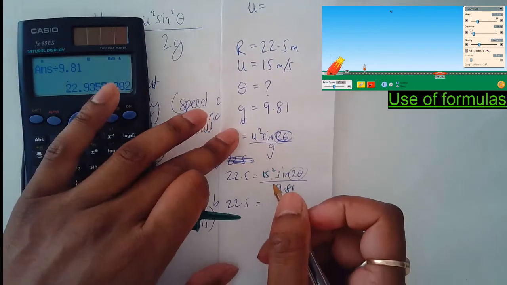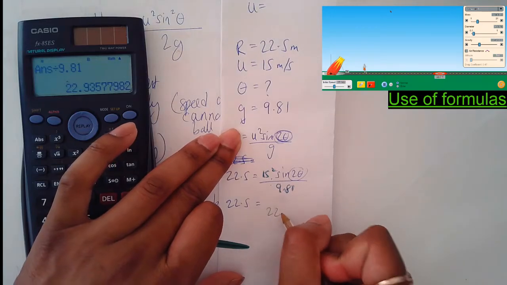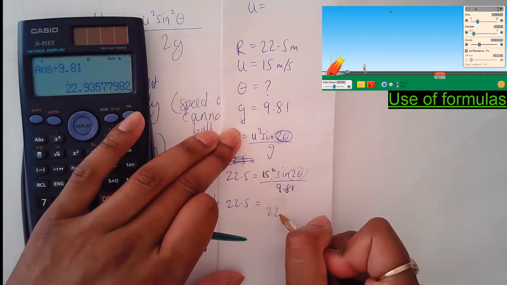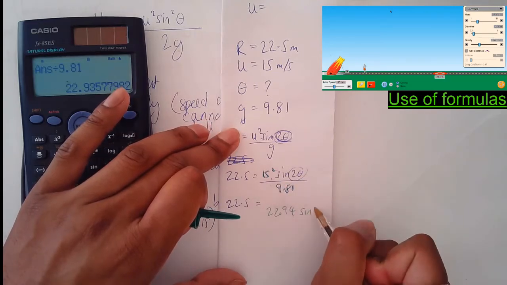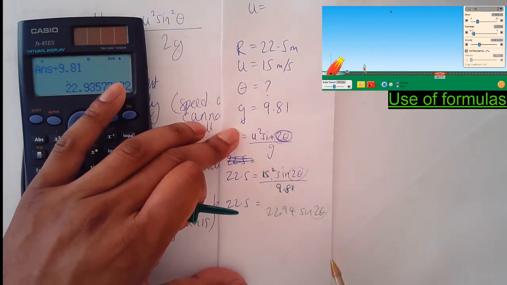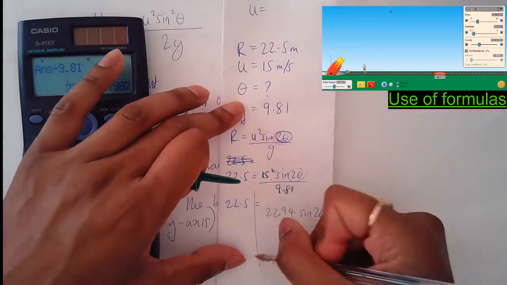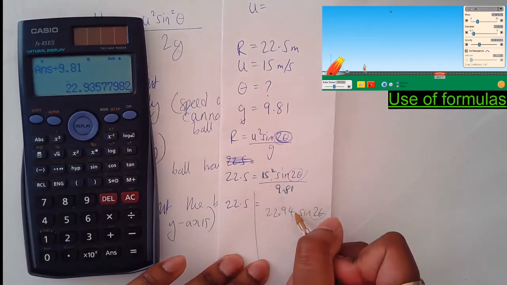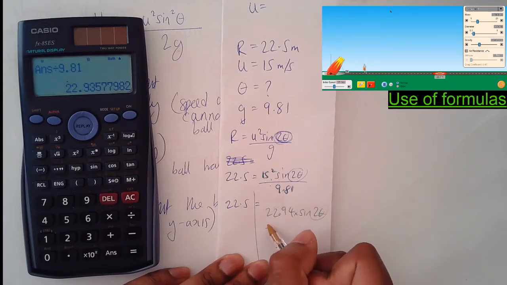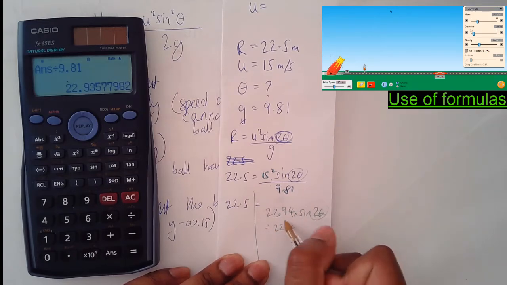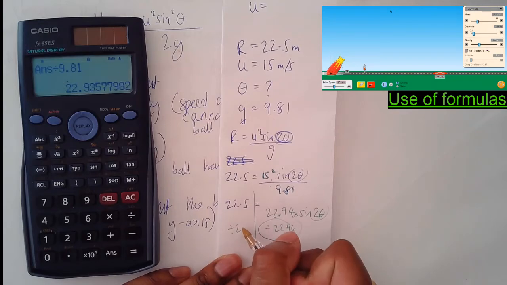I'll just round it, 22.94 then. And that's just sine 2 theta. Remember, that's an invisible times sign here. To get rid of times, you need to divide. Divide by 22.94. What you do on this side, do on the other side.